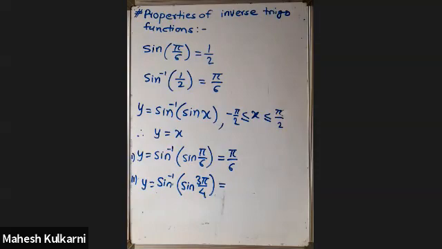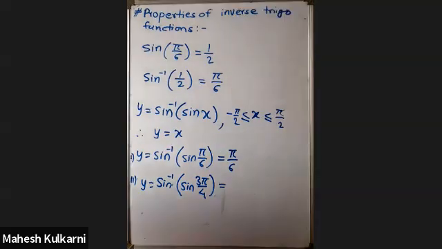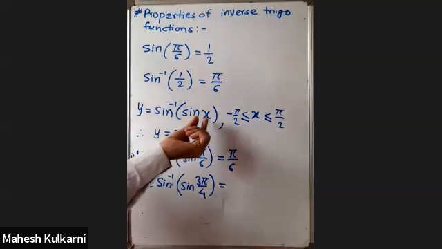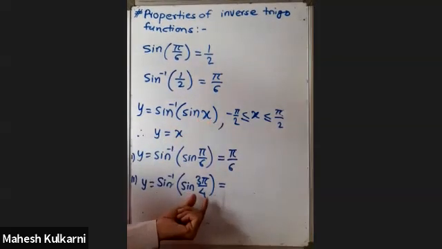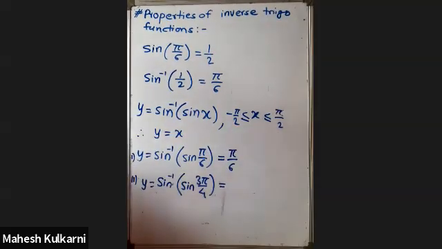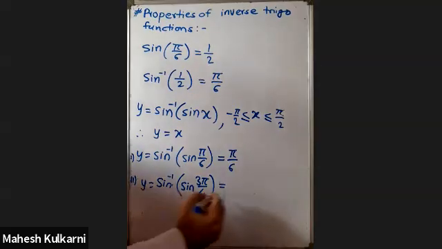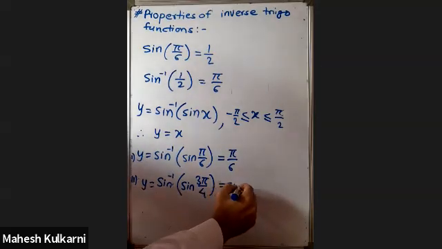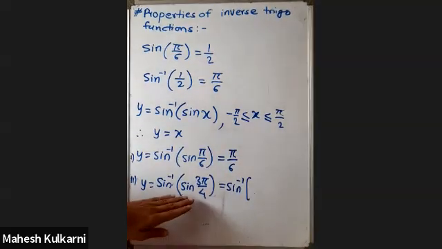So why is it not 3 pi by 4? Because see the condition: this value 3 pi by 4 is not in this interval. Then how to find the value of y here? It is sine inverse of sine 3 pi by 4.